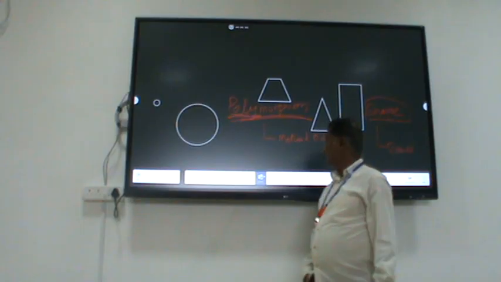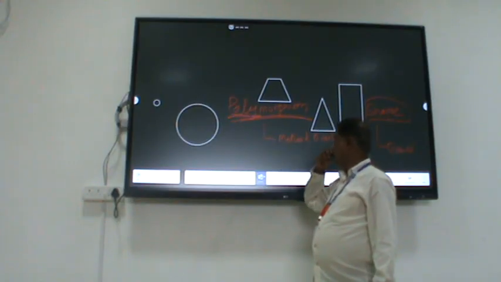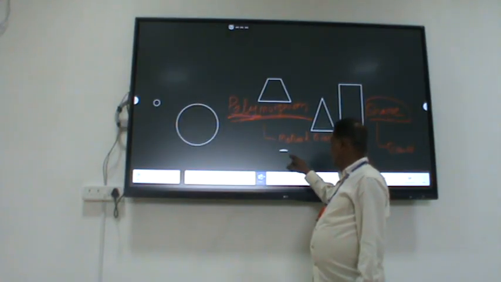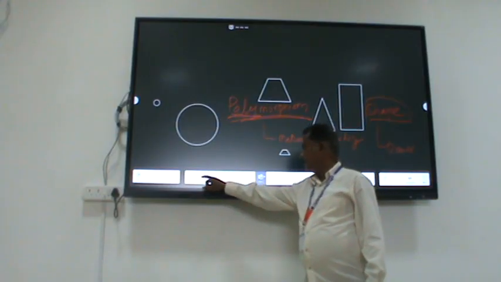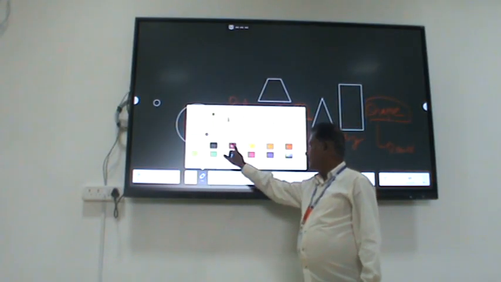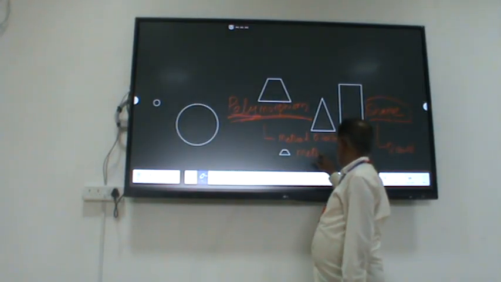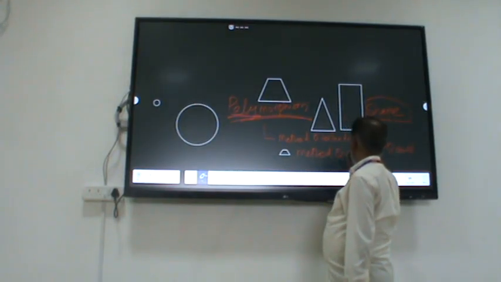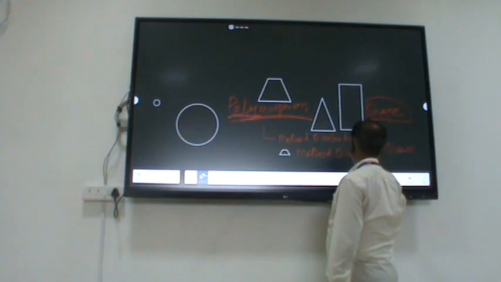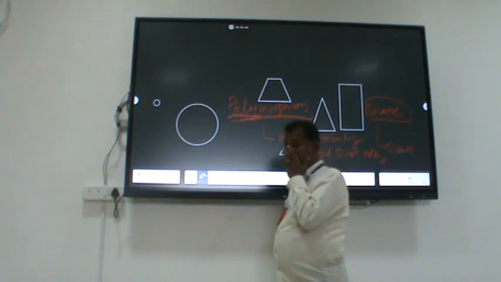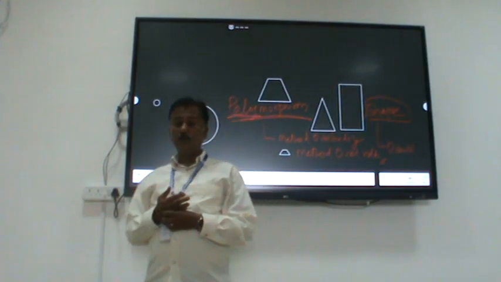There is one more polymorphism example, which is called method overriding. And we do this in inheritance.